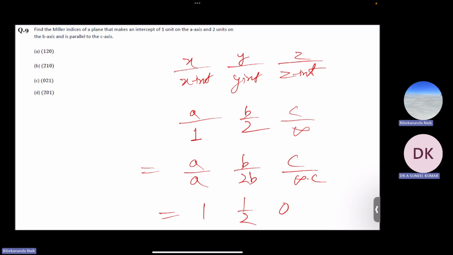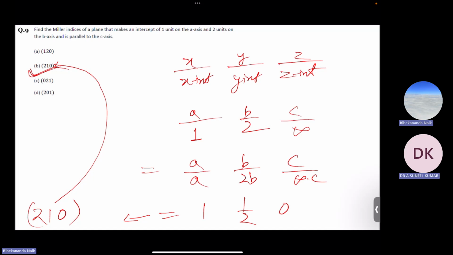But we know Miller indices are integers, they can't be rational numbers. So we will multiply all these numbers by 2. If you multiply by 2, it will be 2, 1, 0. So the correct option will be option B, 2, 1, 0. Okay, so is this clear to you? We will move to the next question then.